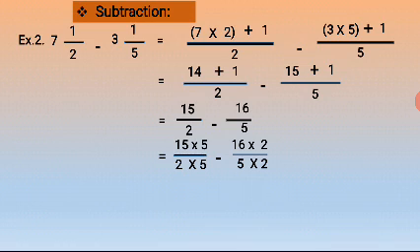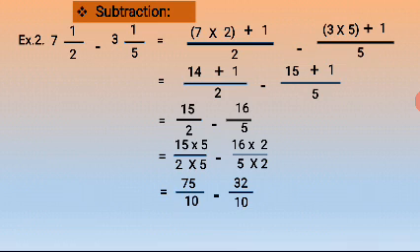We multiply the first fraction by 5 and the second fraction by 2 because the denominators of those fractions are different. We convert these denominators into the same value, so we multiply the first fraction by 5 and the second fraction by 2. Now we calculate this operation. Next step, 15 into 5, 75 upon 2 into 5, 10, minus 16 into 2, 32 upon 5 into 2, 10.